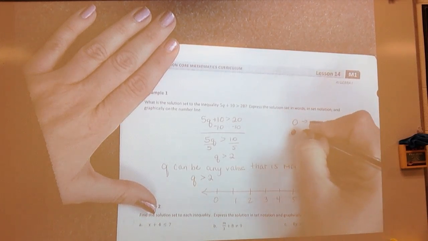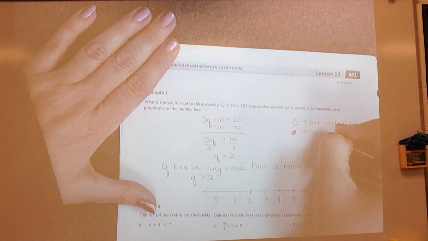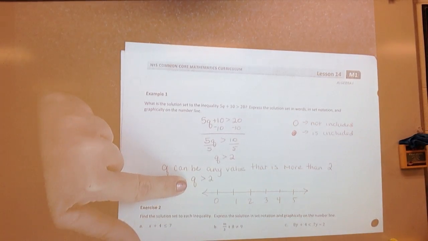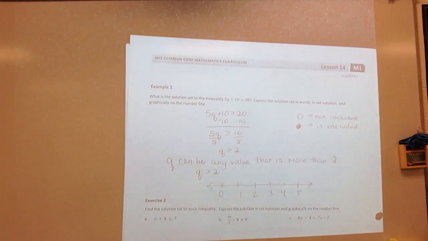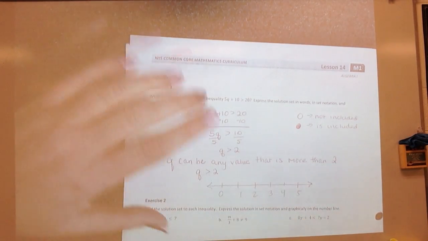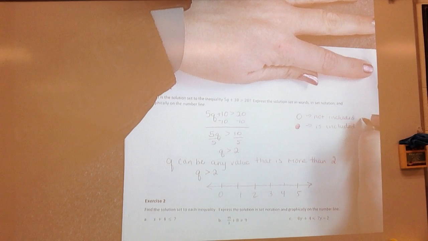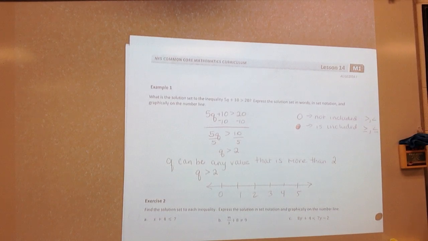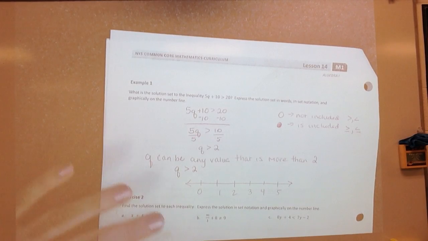Closed circle means it is included. Q is not, or 2 is not included. Alright, so not included would be greater than, less than. If it is greater than or equal to, or less than or equal to, it would be included. Just a couple little notes there.